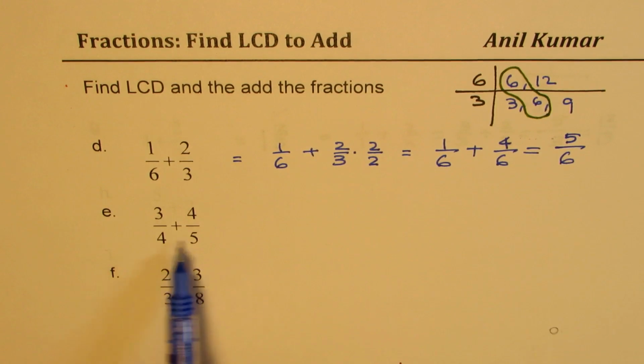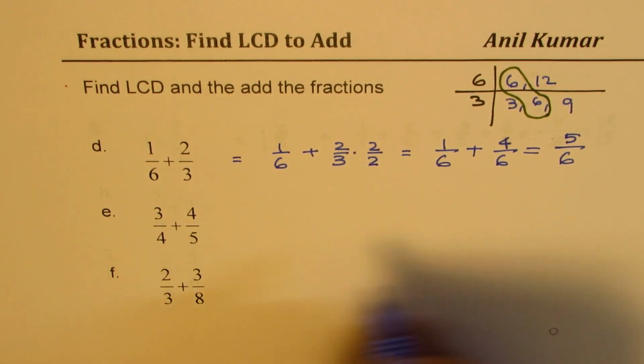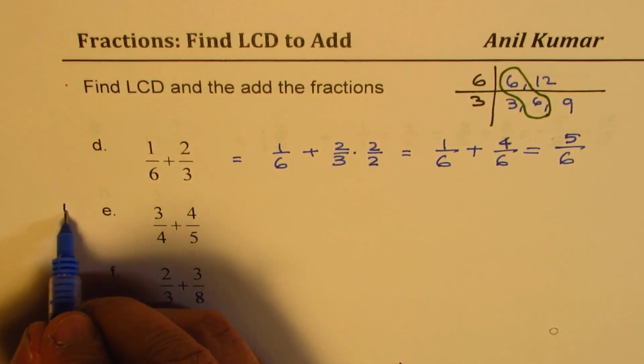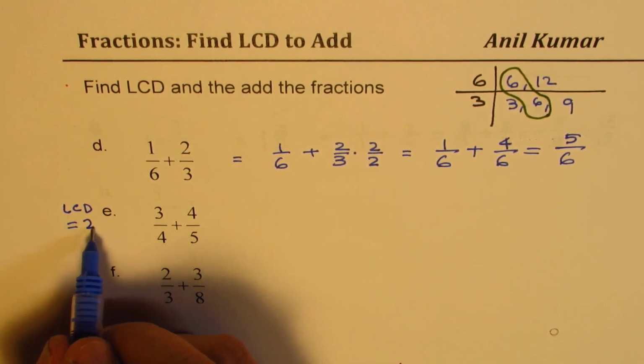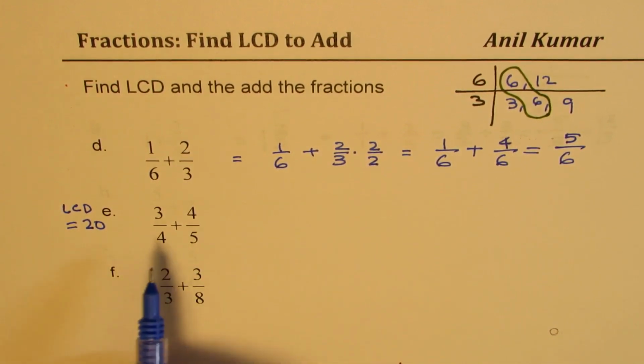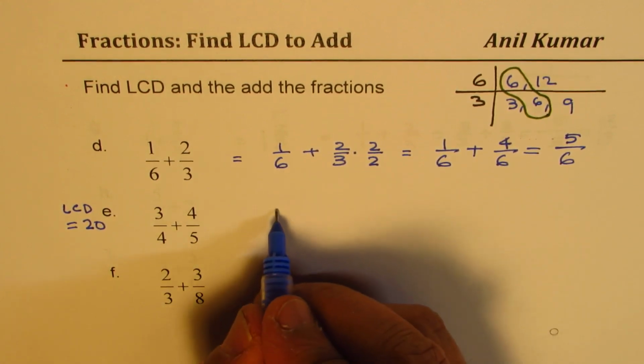Clear? Now in this case, we have nothing in common between 4 and 5. And the lowest common denominator here is what? So let me write down lowest common denominator equals 4 times 5, 20 in this case, right? So we have to make both denominators 20. How can I do it?